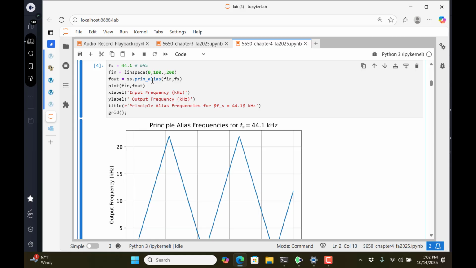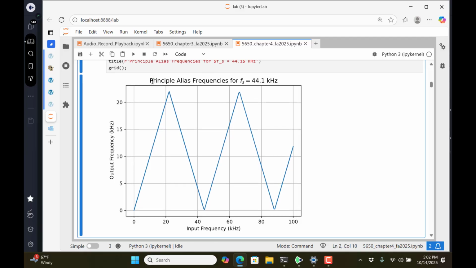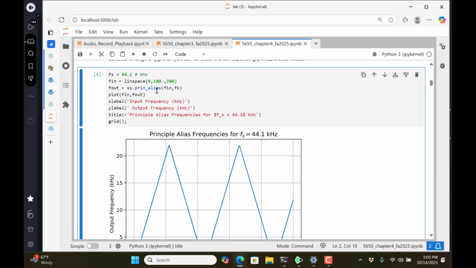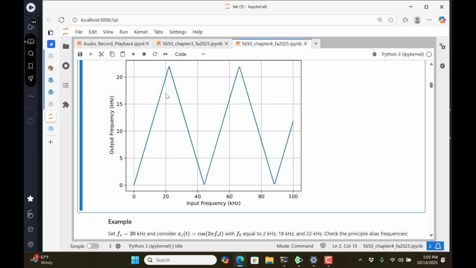So it's going to produce this for its output. So as the input sweeps up, if I'm sampling, in this case, at 44.1 kilohertz, I know 22.05 is my folding frequency. And as soon as my input goes above 22.05, it folds around and it comes out at this frequency. And so this just keeps zigzagging back and forth.